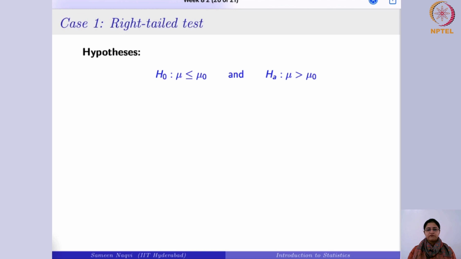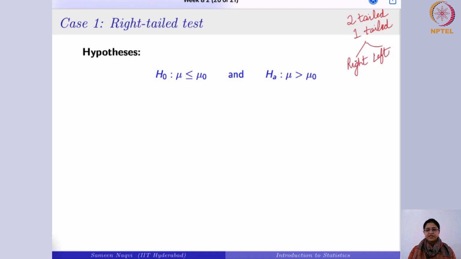Now, when sigma is known, the first case is the right-tail test. Note that when you are dealing with hypothesis testing, you can either have a two-tailed test, or a one-tailed test, which can be either right-tailed or left-tailed.